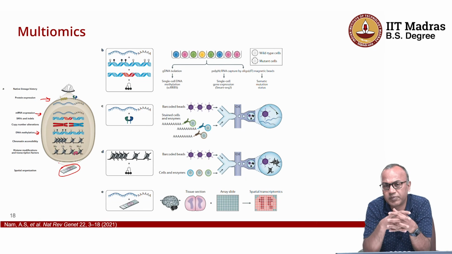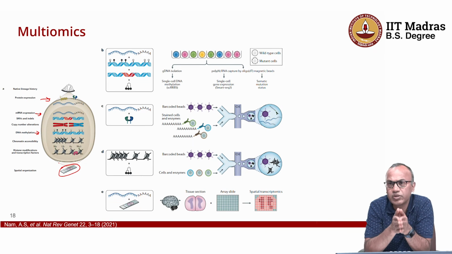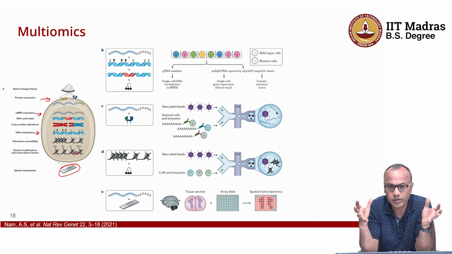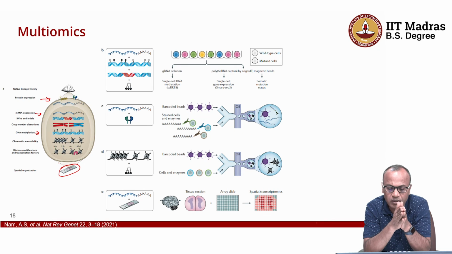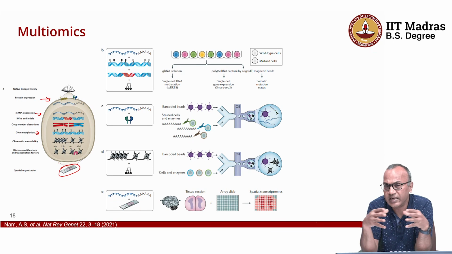It's more complex because, as we saw during this introductory part of the course, just knowing genomics is not enough. Just knowing transcriptomics is also not enough. And just knowing proteomics is also not enough. You need to integrate all of this. And we also saw that the relationship of the phenotype to the genome, to the transcriptome, to the proteome or epigenome is not linear.